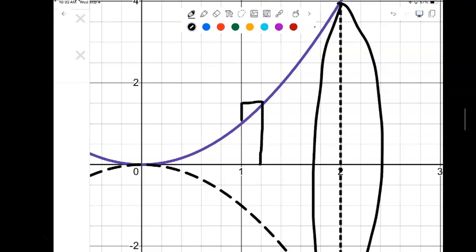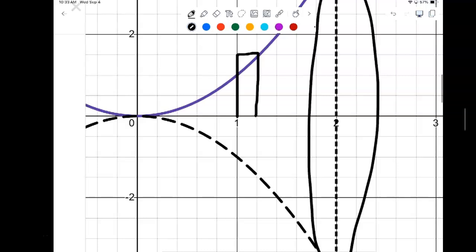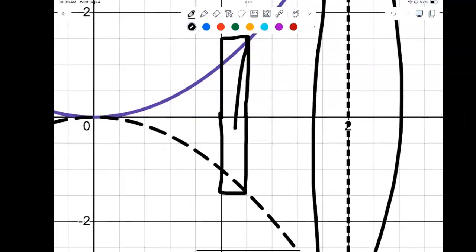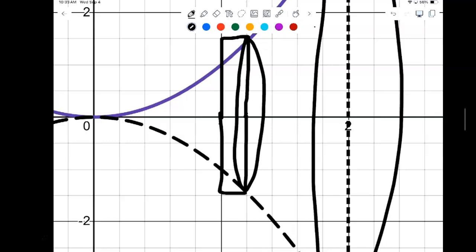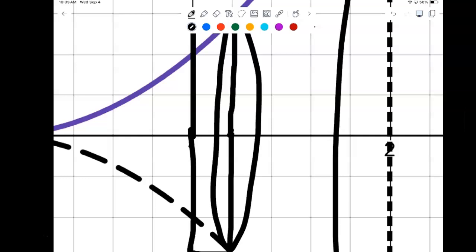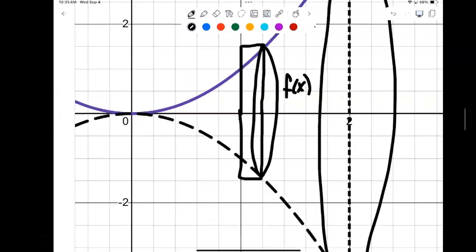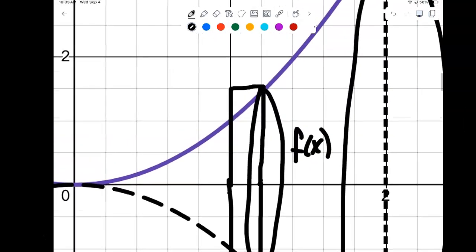If we were looking at that rectangle right there, and we rotated that rectangle about the x-axis, then we would end up getting this shape, which is actually a cylinder, where the radius of that cylinder is just the height of the function f of x, and the height of that cylinder is our subdivision delta x i.